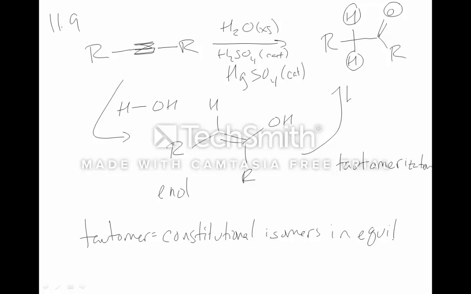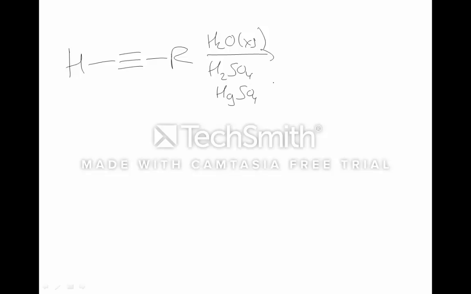Ketones and enols are, we're going to see how we can basically move this H over there onto the carbon. The carbon-oxygen double bond is stronger than a carbon-carbon double bond, so the carbon-oxygen double bond is favored thermodynamically. Again, just to show you an example, you can take a terminal alkyne and do the same reaction, H2O in excess, H2SO4 and HgSO4, both catalysts.